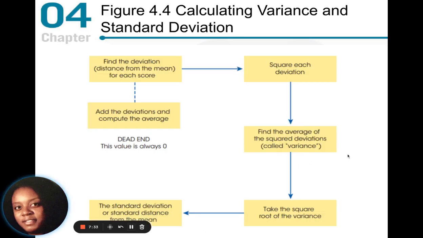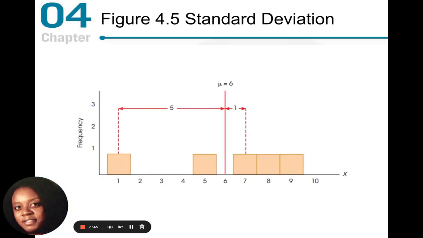Figure 4.4 shows you a flow chart of how we can calculate variance and standard deviation, based on what I just spoke about. Figure 4.5 gives us a frequency distribution histogram for a population of 5 scores.